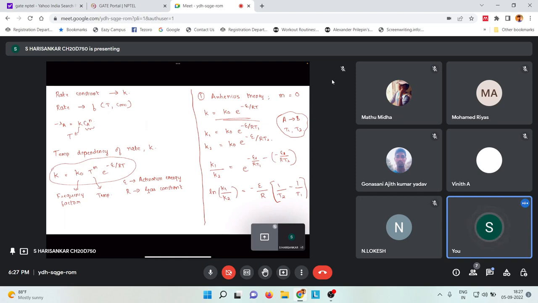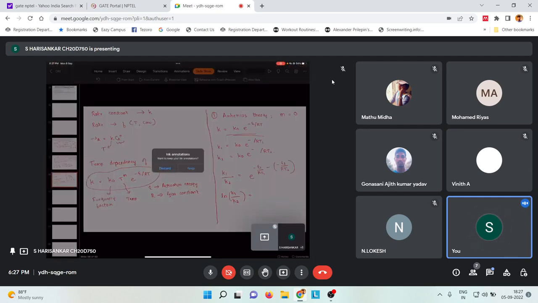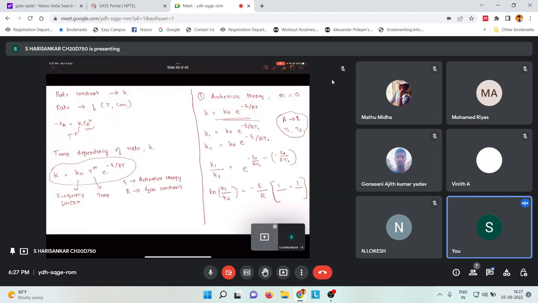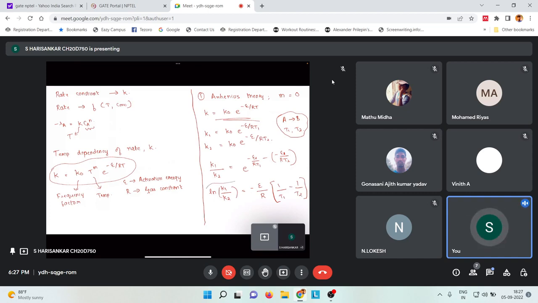So if you take minus E by R, 1 by, sorry, just some mathematical errors. So this is just 1 by T1 minus 1 by T2. Okay, so this is the logarithmic form of the Arrhenius equation for the rate constant.